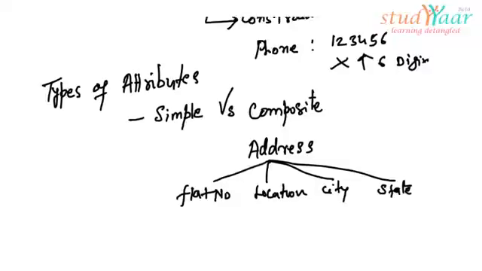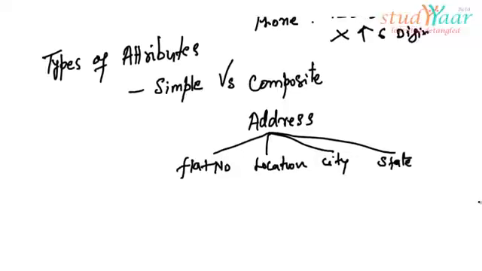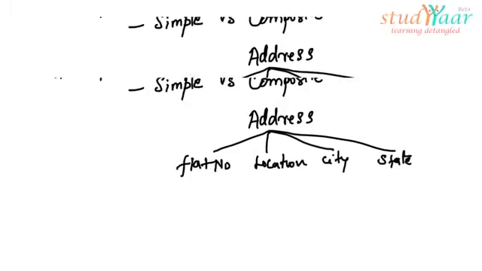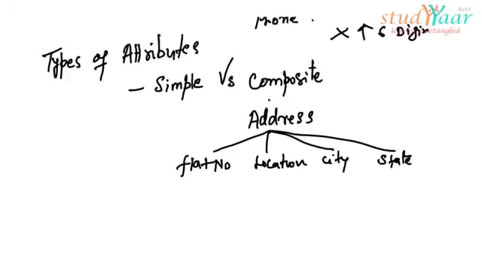So such attributes which themselves can be bifurcated into other, simpler attributes, are called composite attributes. So address is a composite attribute, and a flat number is a simple attribute.